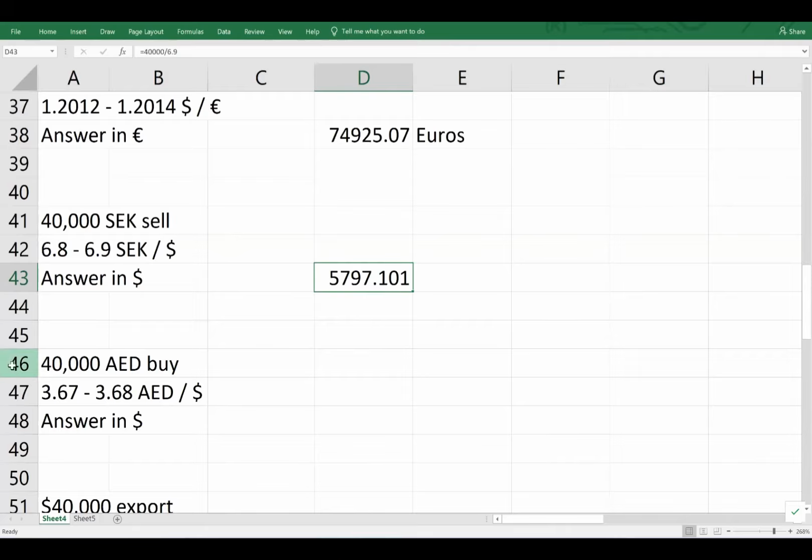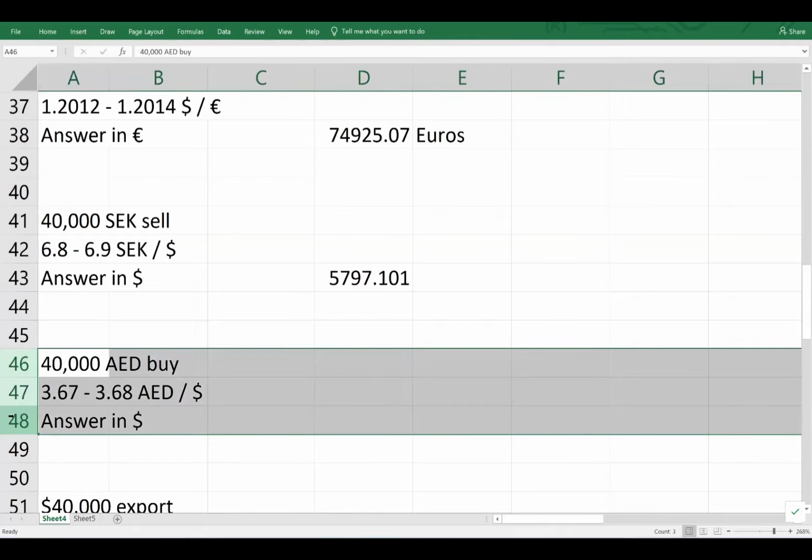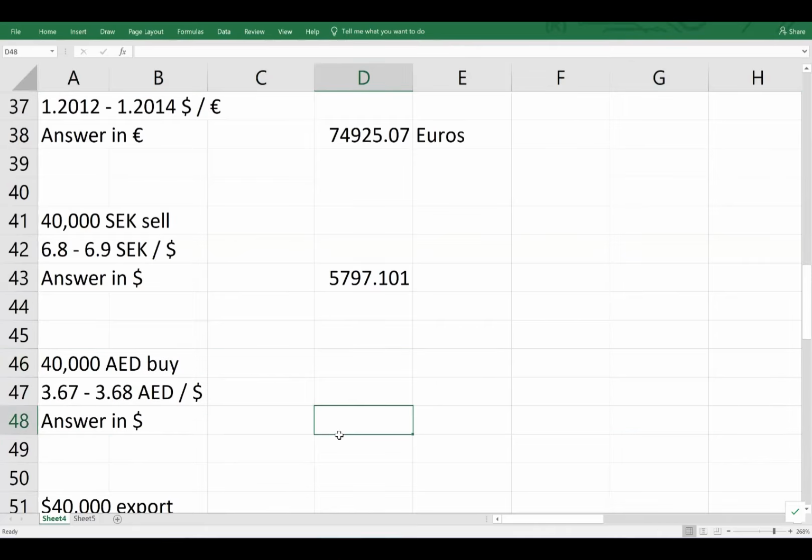Next, we need the answer in dollars again. Again, a division case. Your exam will be 99% division cases. There may be some question with a multiplication case, but keep it in mind. So we will divide. Use a rate that results in more payment or less payment?